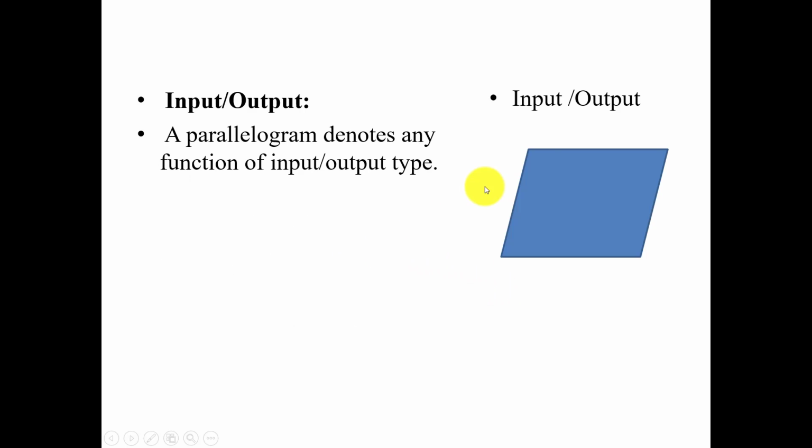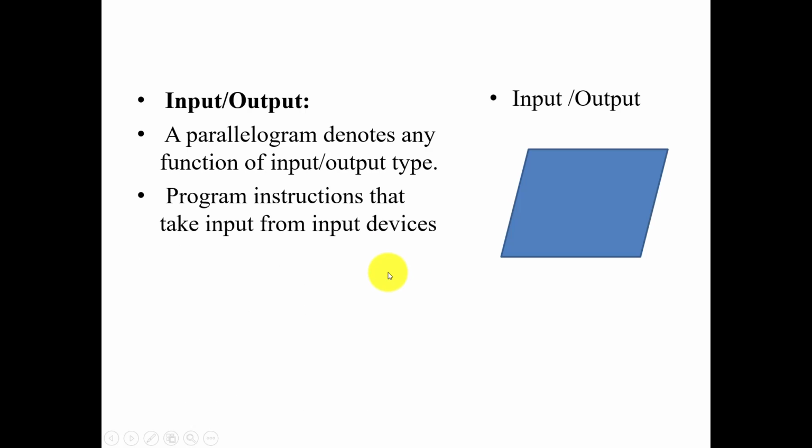Now the next symbol is the input and output. This symbol is called a parallelogram, and it denotes the function of all input and output types. While taking input, some program instructions can take input from an input device, that is, to read data or accept data.